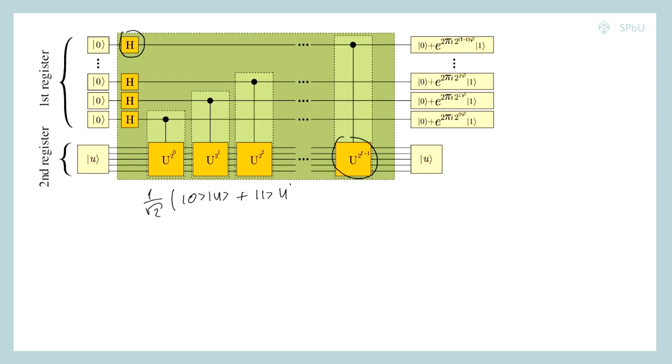So u to the power of 2t minus 1 on the state u.